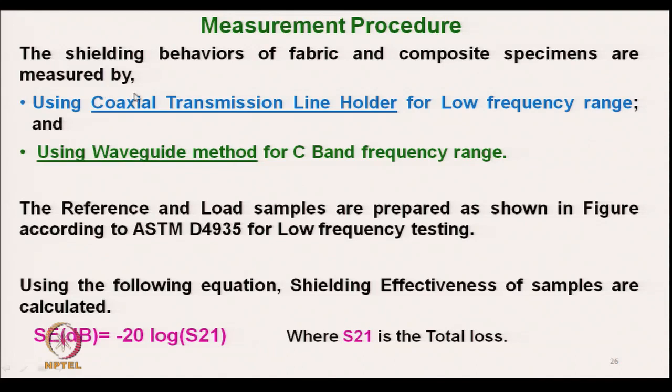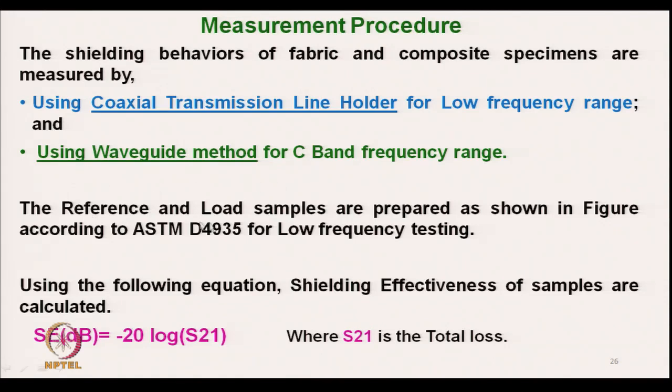The shielding behavior of fabric and composite specimens is measured using a coaxial transmission line holder, which is used for the low frequency range, and for the C band frequency range we can use the waveguide method.